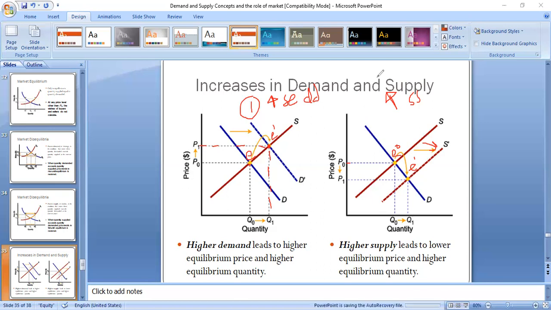So basically, that's what happens when we have a change in demand and a change in supply. But these changes can be an increase in demand, an increase in supply, a decrease in demand or a decrease in supply. Of course, with a decrease in demand and a decrease in supply, the opposite directions would totally be happening in this regard.